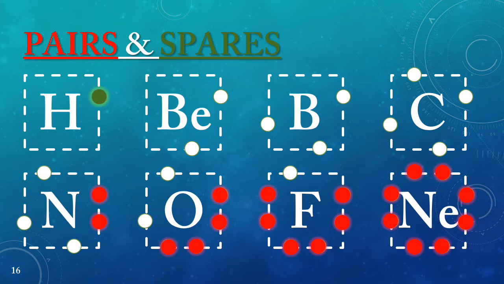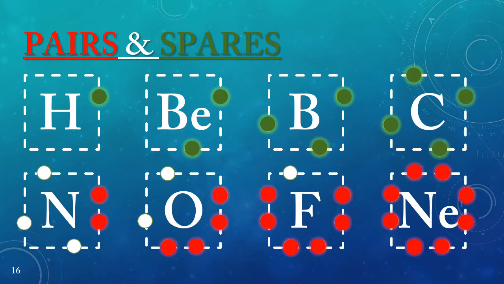Now let's look at the next part, though. So we go back to hydrogen, and it has 1 spare. Now it turns out that these spares are the ones that are going to bond with other things. So hydrogen has 1, beryllium's going to have 2, boron's going to have 3, carbon's going to have 4, nitrogen is going to have 3, oxygen's going to have 2, fluorine is going to have 1.